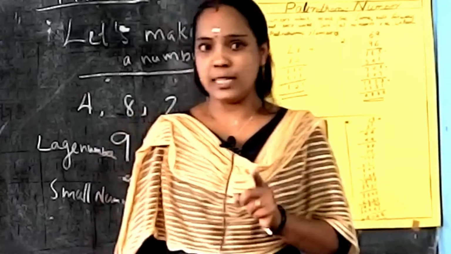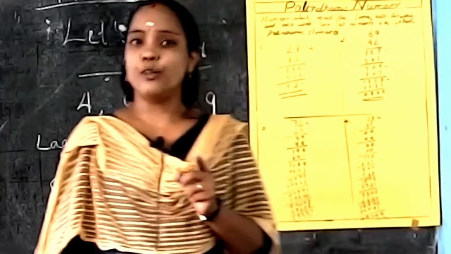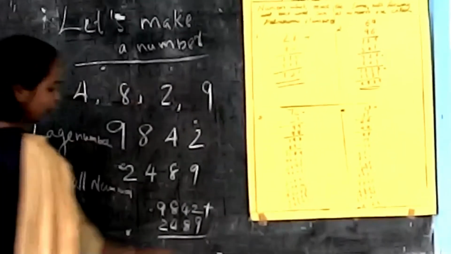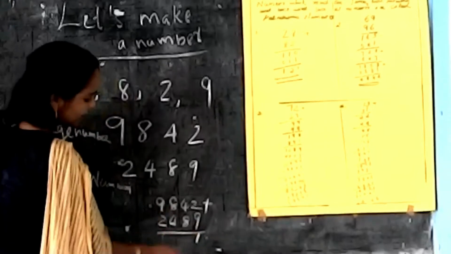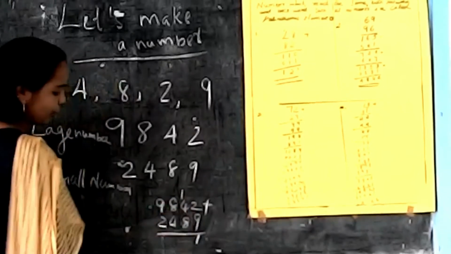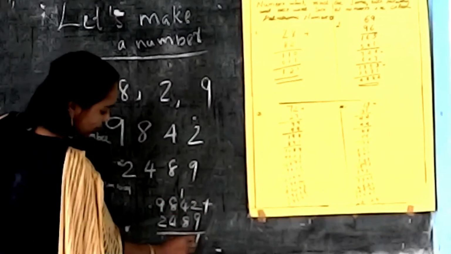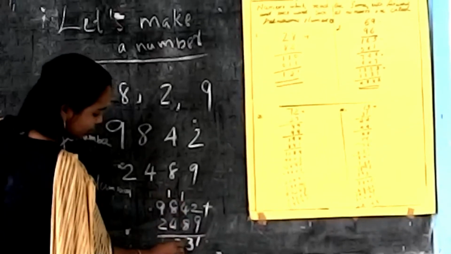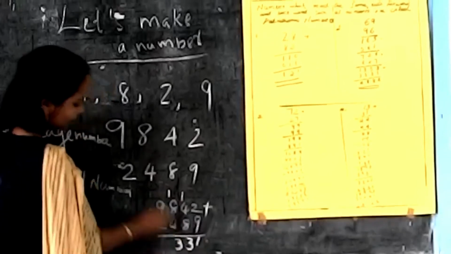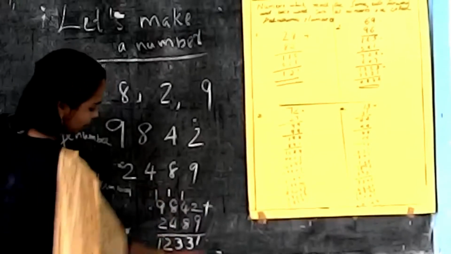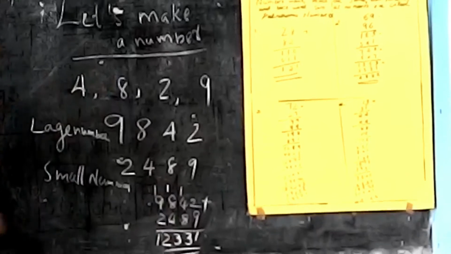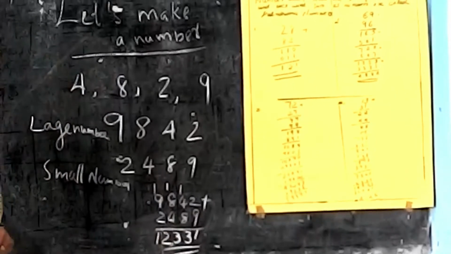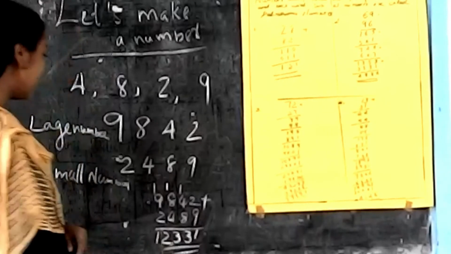Okay, all of you listen. Otherwise, your answer will be wrong. Okay, what is the answer? 8 plus 2 is 11 (10), balance 1. 8 plus 4, 12 plus 1, 13. Your answer is 12,331.